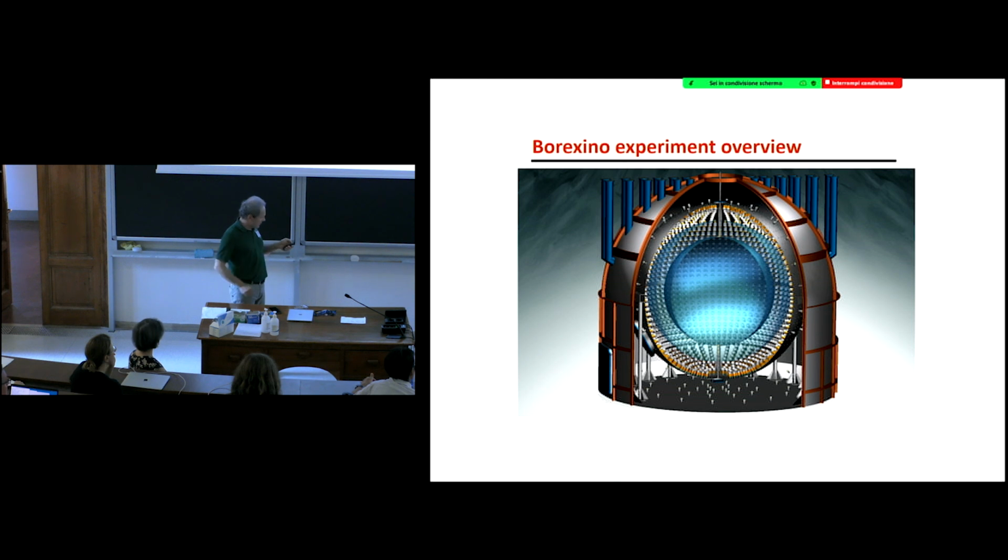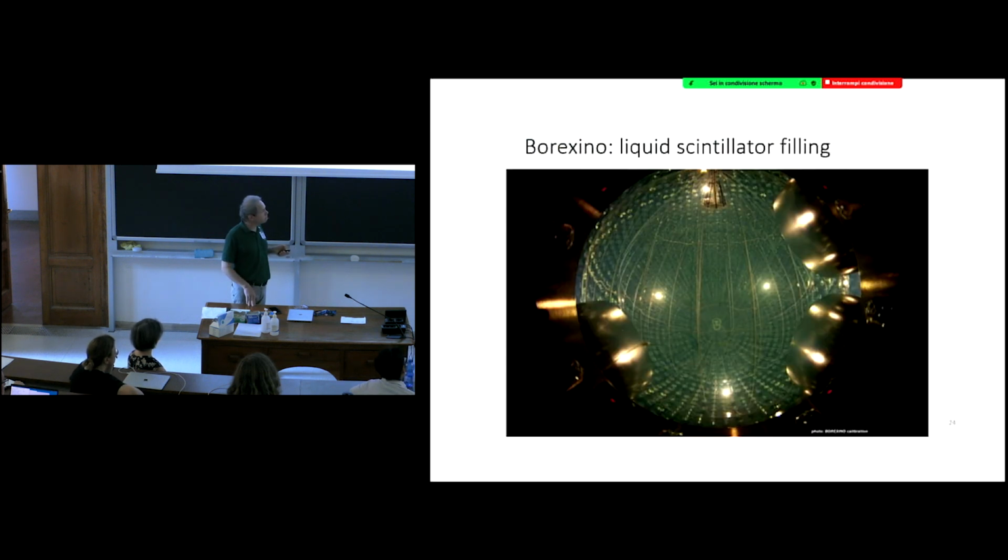I don't want to discuss now in detail the detector. If you want, we can do it later. I assume this is known. So this was with a fiducial volume of the order of 100 ton with an active and passive shielding. And this is a picture of the detector filled with liquid scintillator.